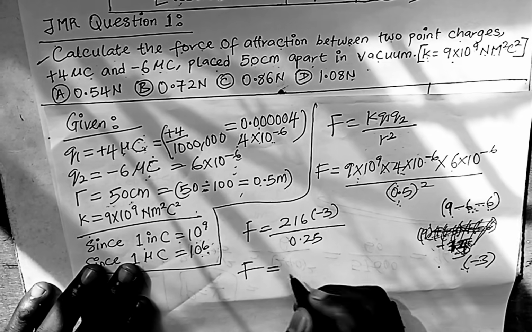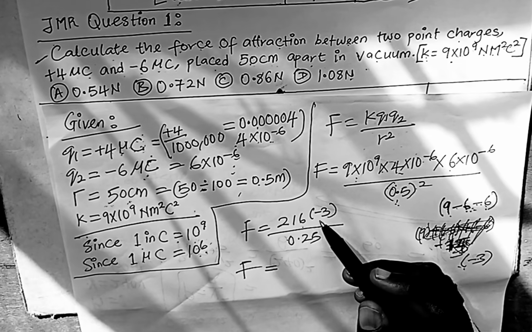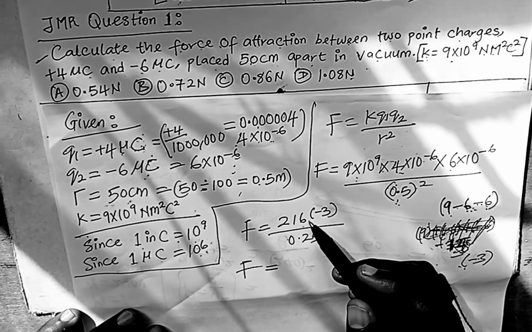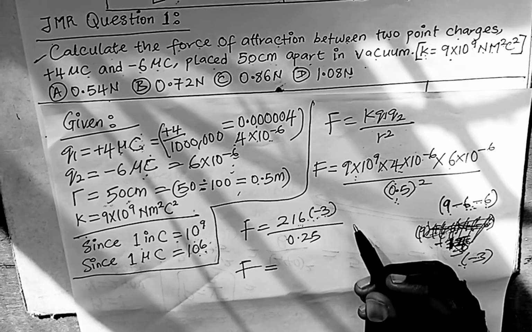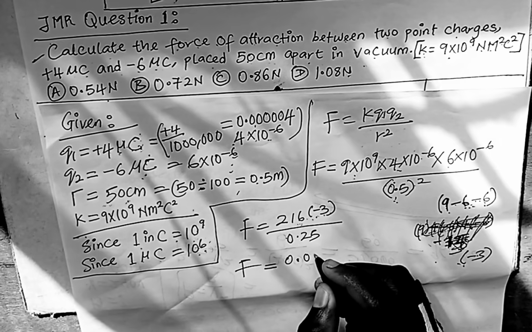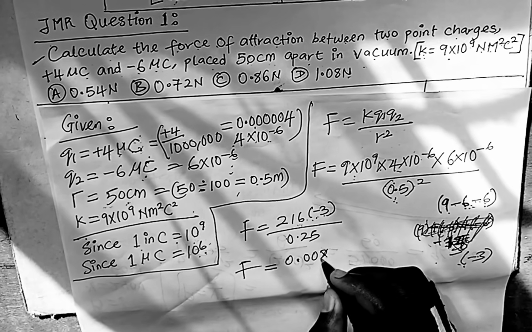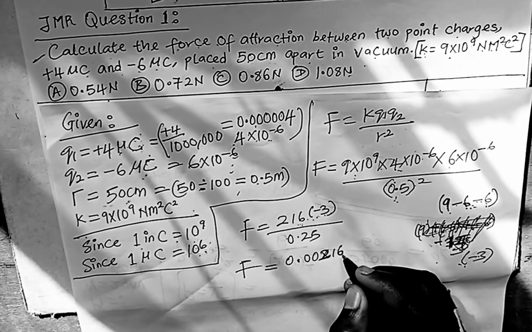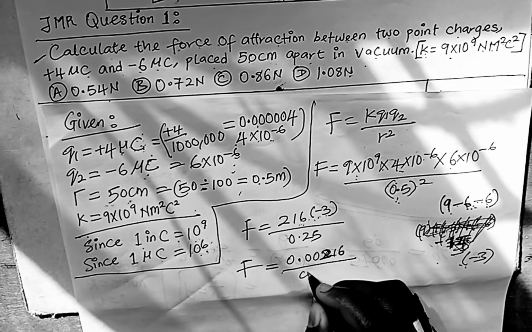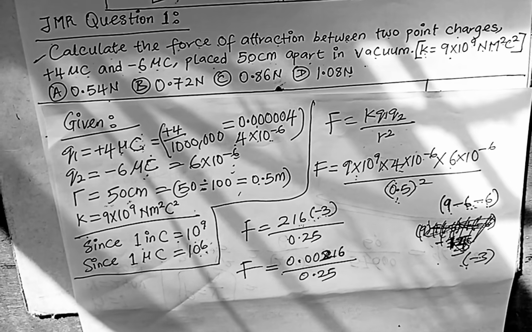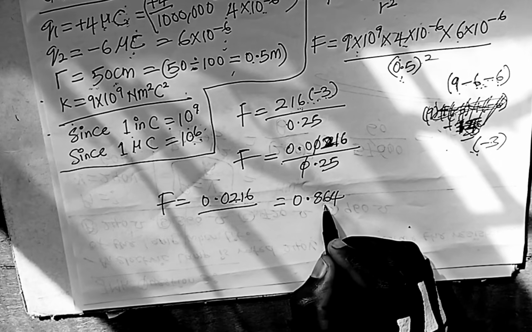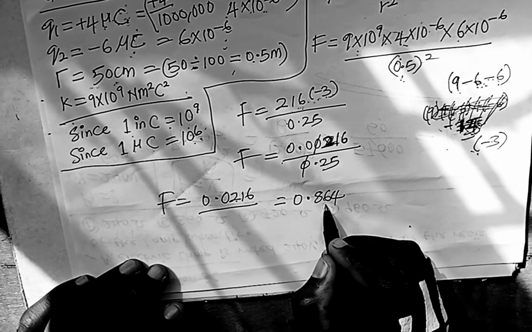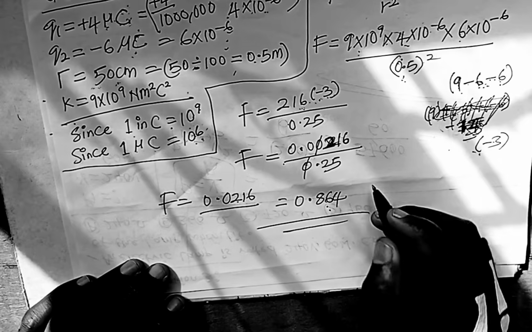What we have here is 216 times 10 raised to power minus 3 over 0.25. Let's use the calculator to finish up. F is equal to 0.864. That's the answer.